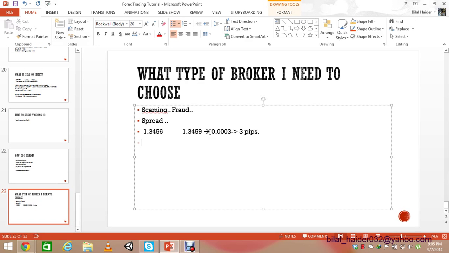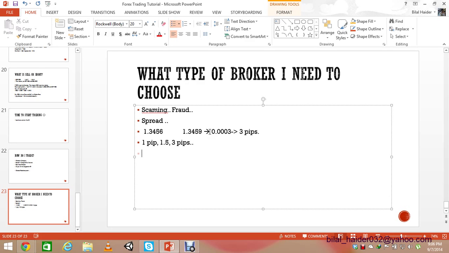Some companies give you a 1 pip spread, that is very low, and some companies offer you 1.5 pips, some companies offer you 3 pips, and like that.